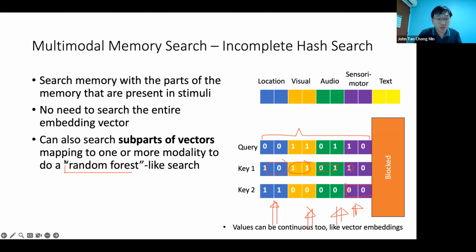So random forest-like search to block out certain subparts and do cosine similarity only on a subpart. You could have subpart 1, subpart 2, subpart 3, and so on. Let me just draw for you. Subpart 1 is like this, and subpart 2 could be like this. So you could have different subparts here and extract out different memories and make it more robust to noise.